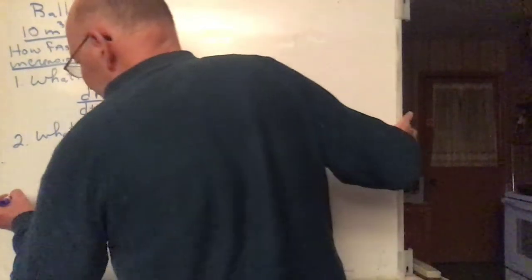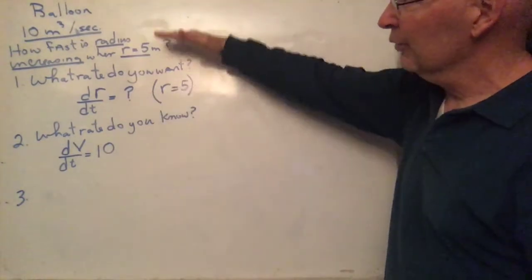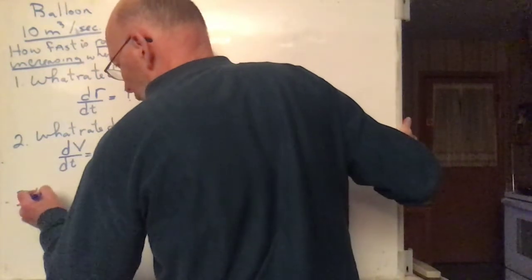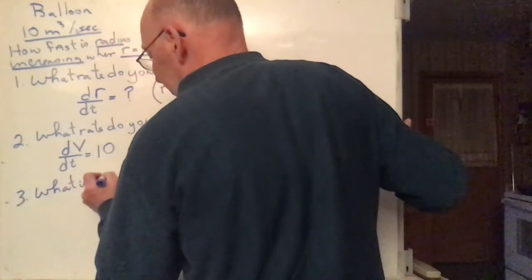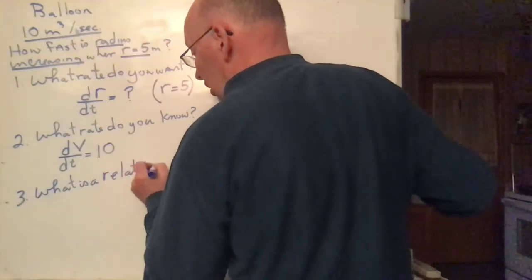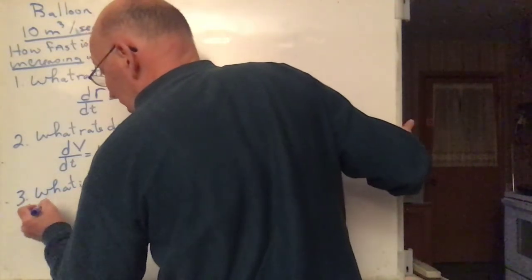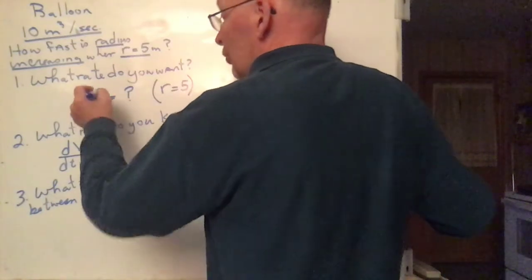Here's the third question, and the third one requires no calculus, but it's usually the hardest part of all of these related rate problems. So here's the question. What is a relationship between basically these two things?